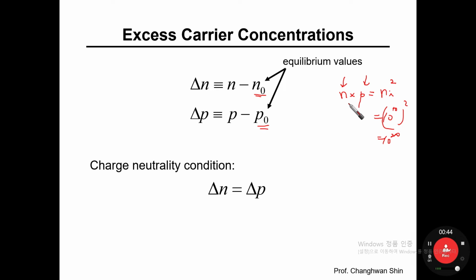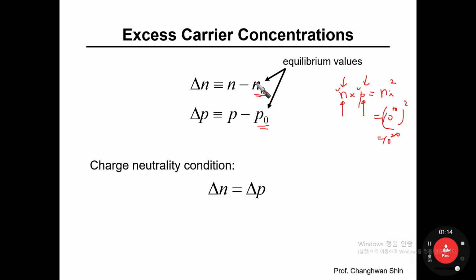So whenever we are talking about this mass action law, these numbers of electrons and holes are measured and obtained at the thermal equilibrium state, without any externally applied electric field, bias or voltage. These two concentrations, electron concentration and hole concentration, are evaluated there.